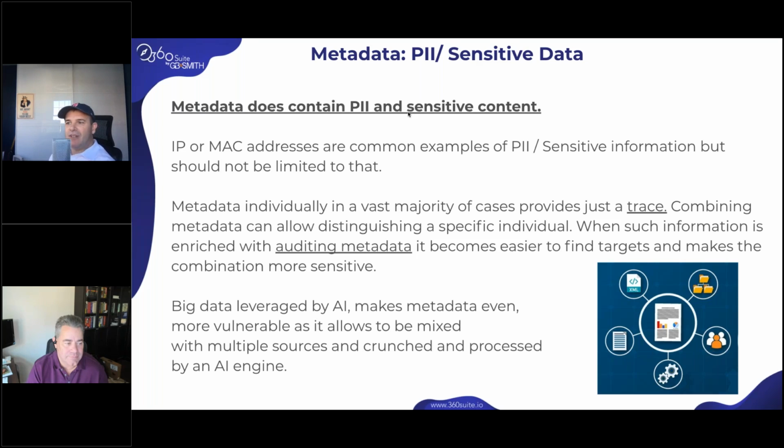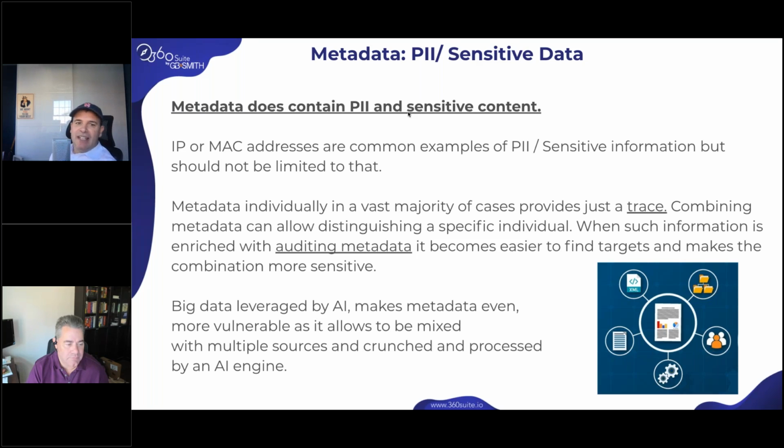Metadata can be very, very sensitive. The first thing that you think about is the IP or MAC address. Yes, for good reasons, that contains PII information about the people that are actually consuming, for example, your analytics.